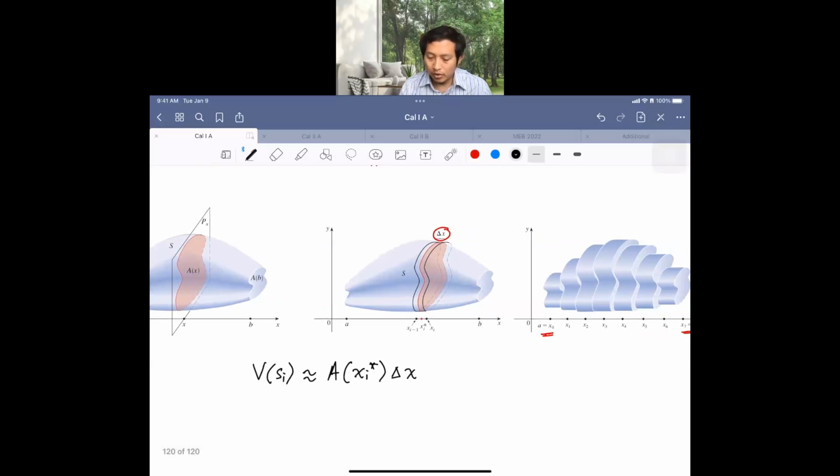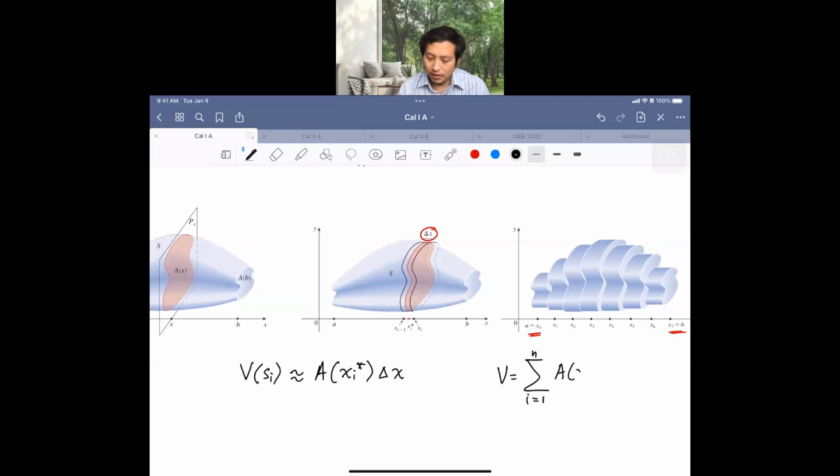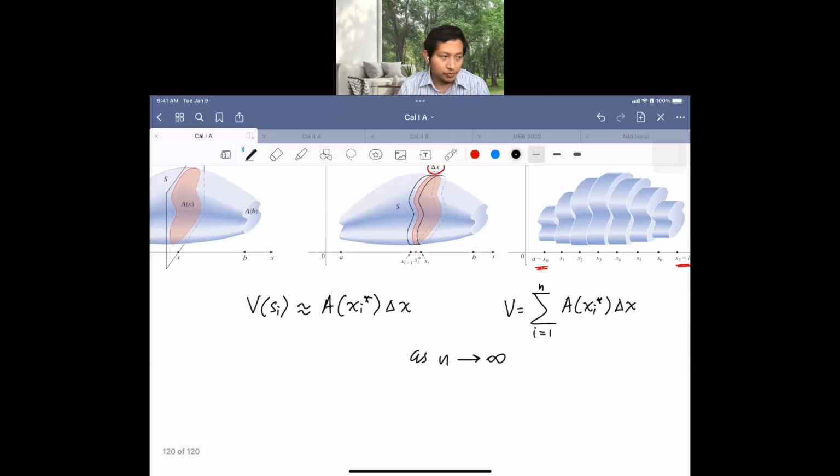And if we have more slices, then we have a summation from the first slice to some n, of A(xi) delta x. Now, as usual, as n gets larger, getting to infinity, our approximation becomes similar to the Riemann sum that we had before.